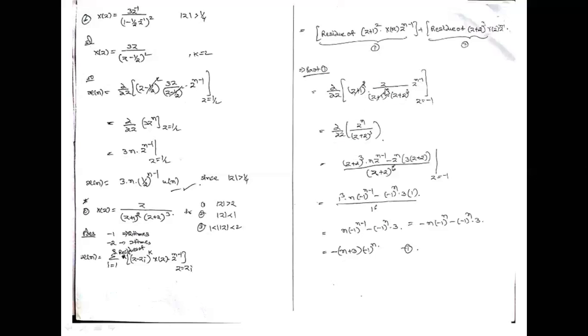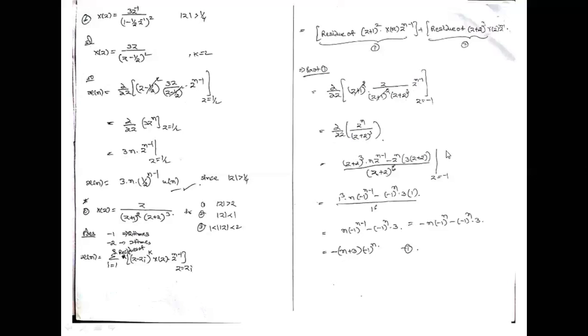So dou by dou z of z by means here z into z power n minus 1. Z power plus 1 and z power minus 1 get cancelled, and we have only z power n. In the denominator, z plus 2 whole cube, and substitute z is equal to minus 1 after applying the derivative with respect to z here.